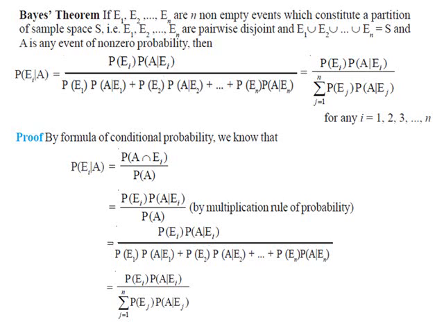Let's discuss one question. Students, read this statement carefully. Bag 1 contains 3 red and 4 black balls, while another bag 2 contains 5 red and 6 black balls. One ball is drawn at random from one of the bags and it is found to be red. Find the probability that it was drawn from bag 2. Here, we need to find the probability that the ball is drawn from bag 2, given that the ball drawn is of red color.